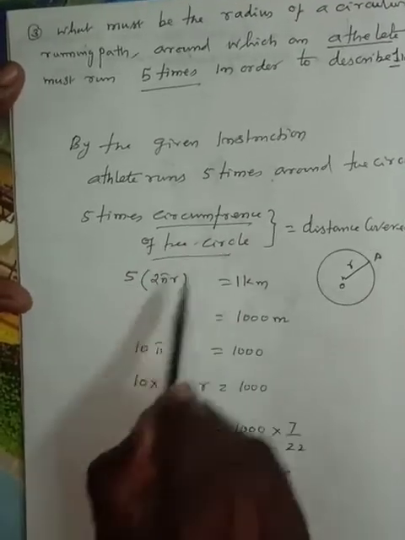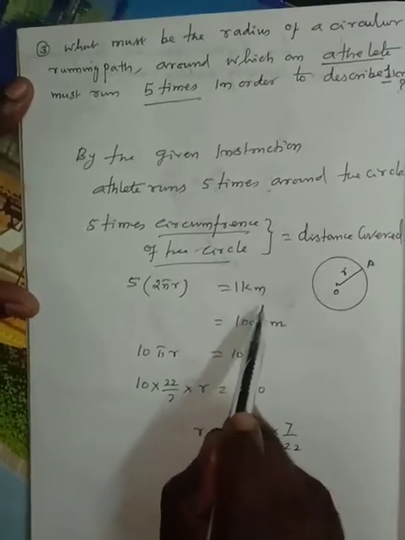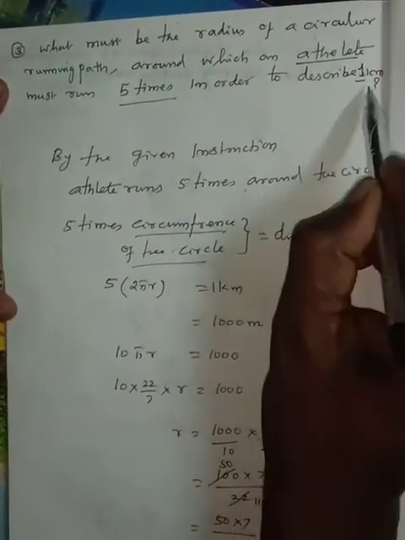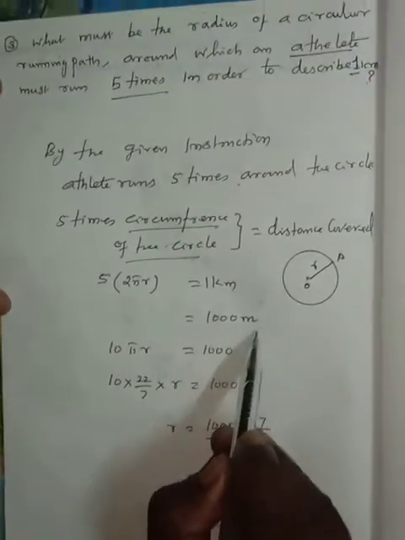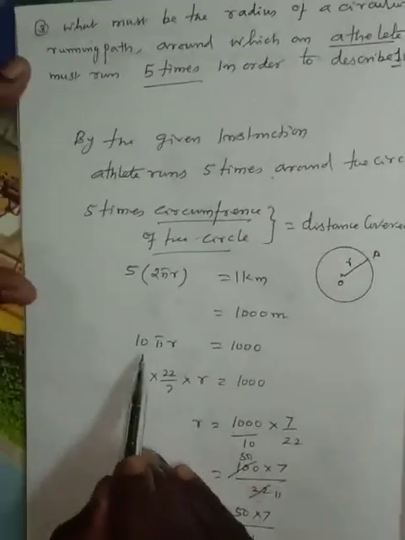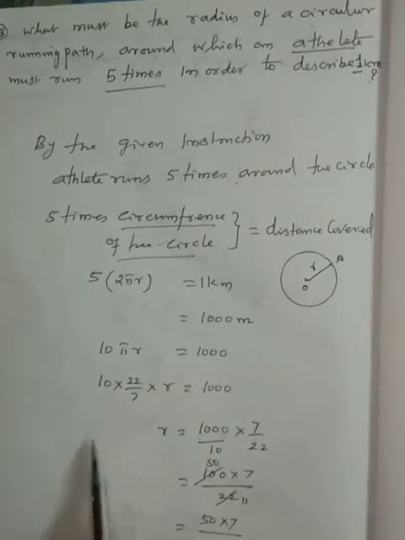The circumference of the circle is 2 pi r, and the distance is 1 kilometer, which means 1000 meters. So 5 times 2 is 10, so 10 pi r is equal to 1000.